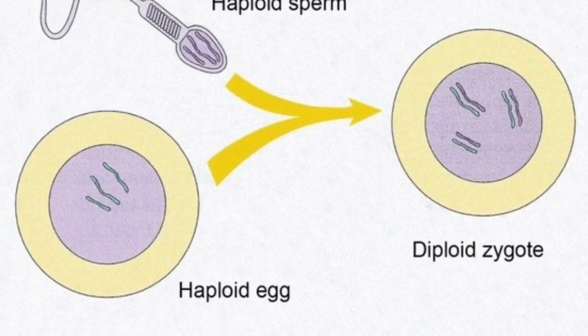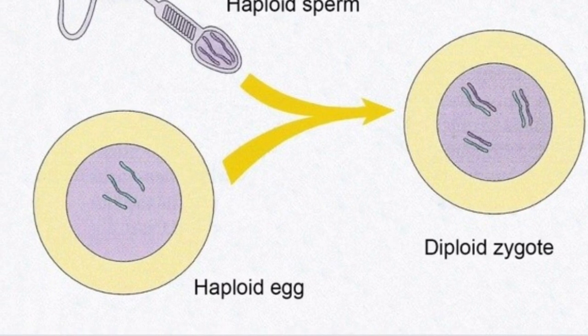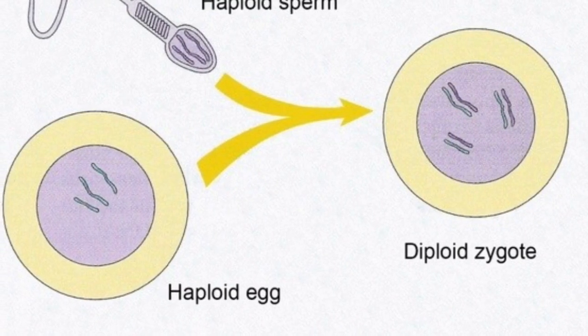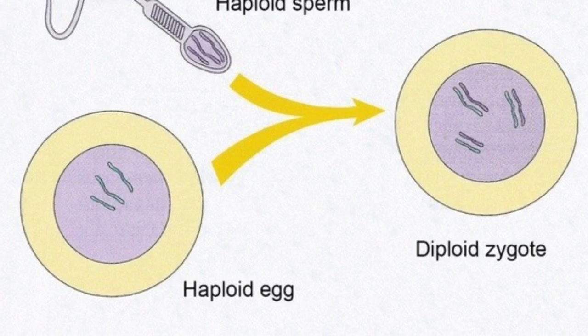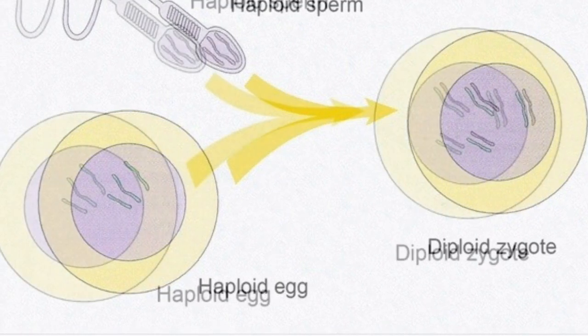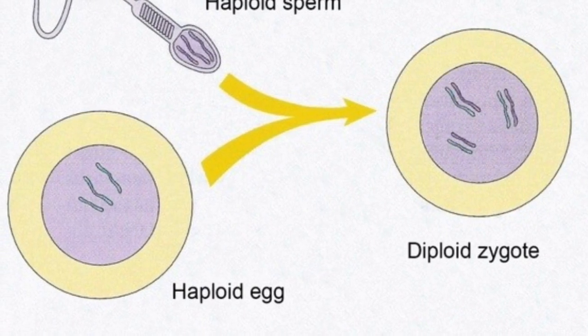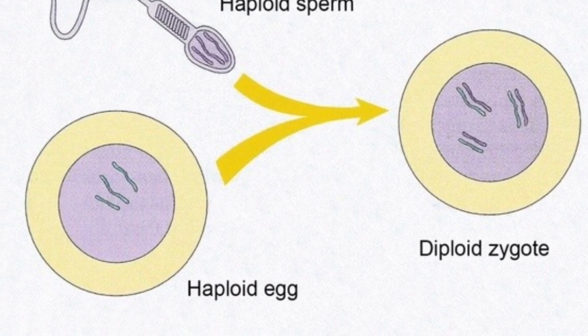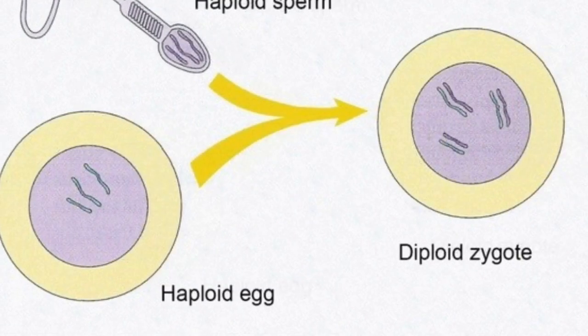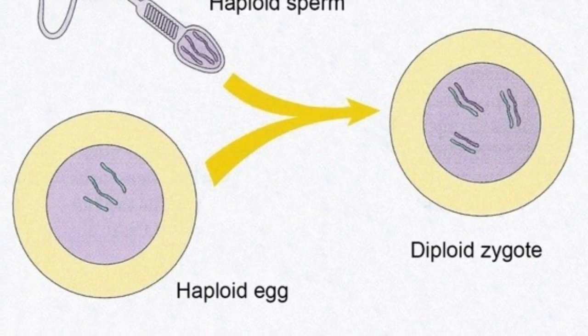Your dad's sperm had 23 chromosomes. And when they came together, they made a zygote, which is you, which now has 46 chromosomes. So I'm hoping that makes sense to you.